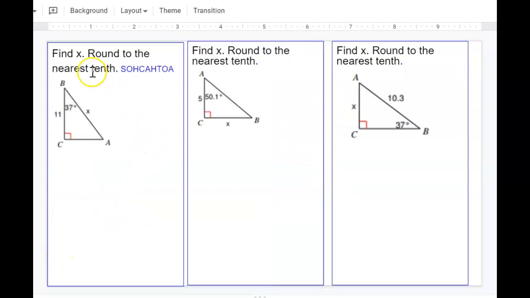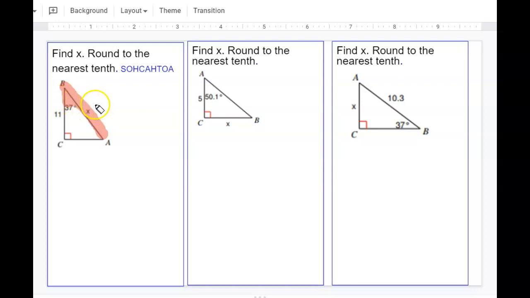All right, here we are asked to find x, round to the nearest tenth. Again, what do we notice? From the information given, this is a right triangle, so we can easily apply trigonometry. What is x? This is your hypotenuse. Your hypotenuse there is x, and then this 11 is your adjacent side. So that's your angle of reference there, 37 degrees.